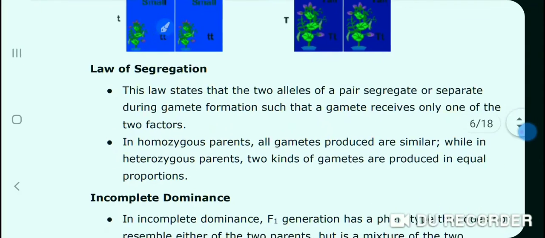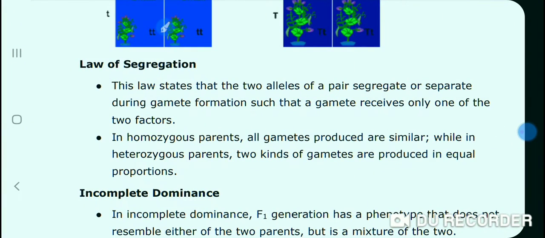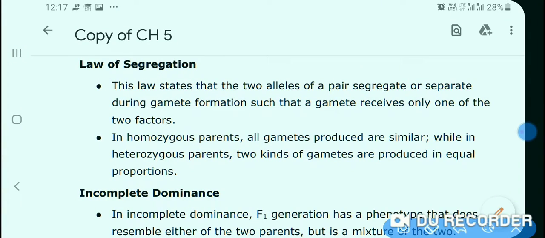Before knowing about incomplete dominance, let us memorize the law of segregation. In the F2 generation, you have seen that the dwarf plant appeared again. That means the genes of dwarf plants appeared separately.